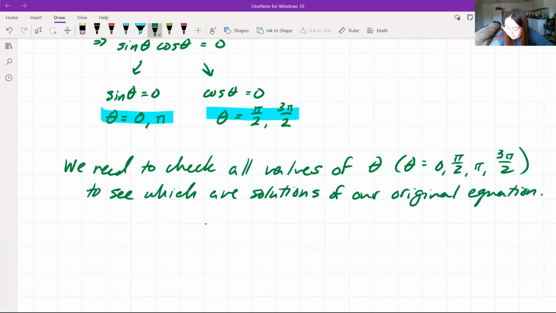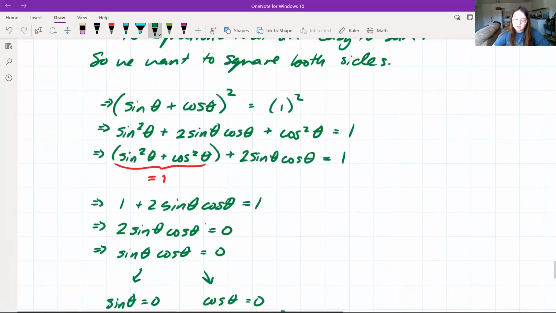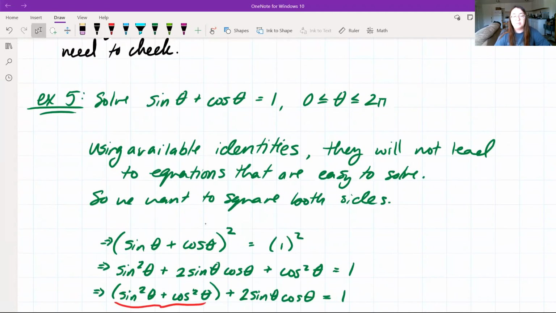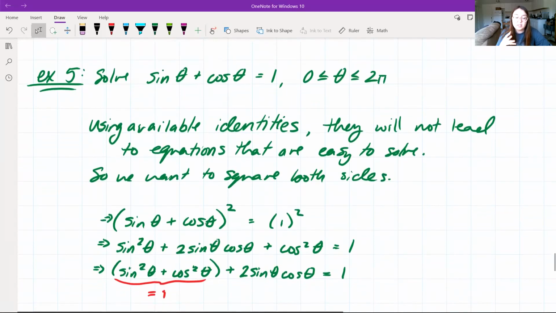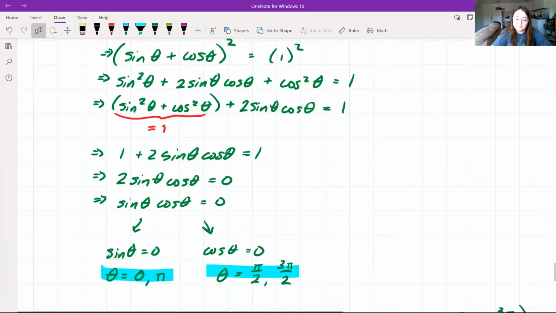And we're going to underline original. This means that we are using sine of theta plus cosine of theta is equal to 1. This is the equation that we're using. Each one of our values of theta are between 0 and 2 pi, so we know that they're all valid.